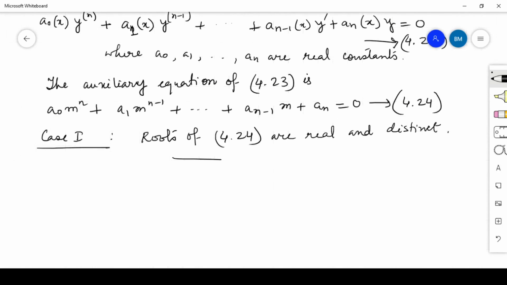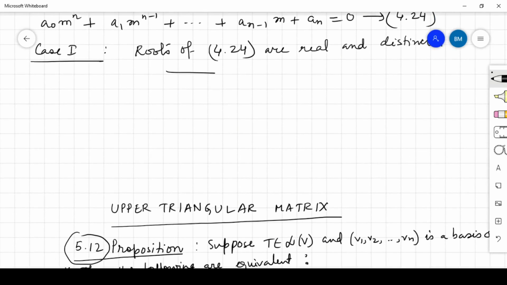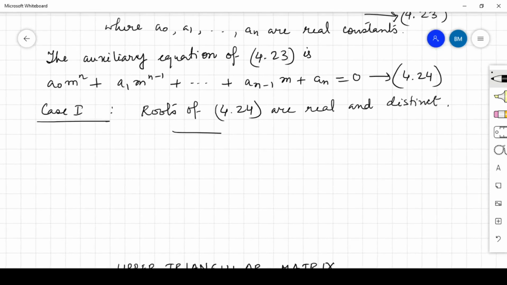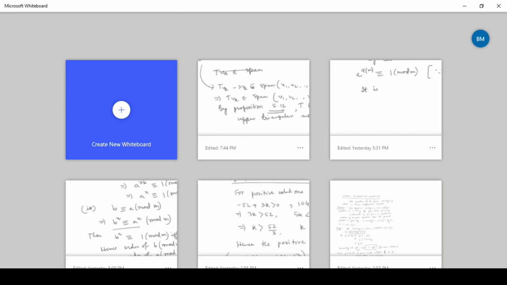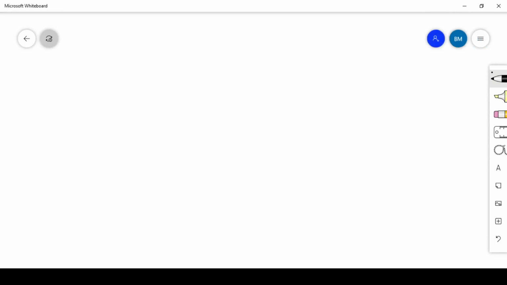Case 2 is: the roots of the auxiliary equation are real and repeated. So repeated real roots.